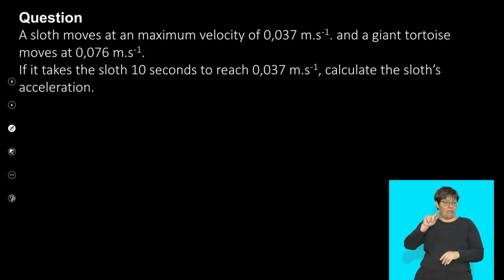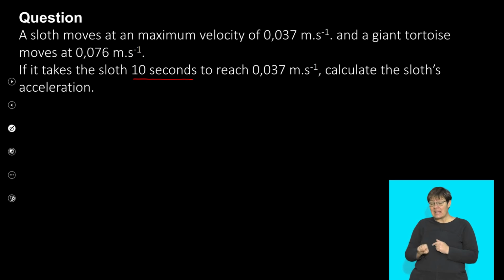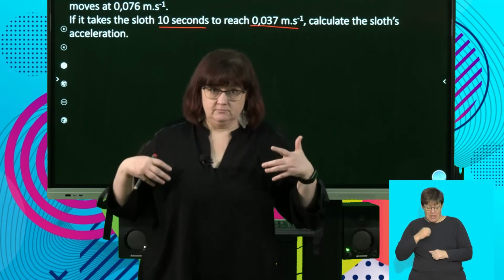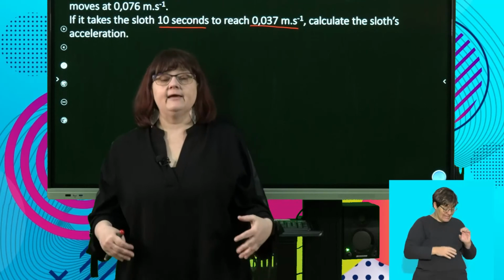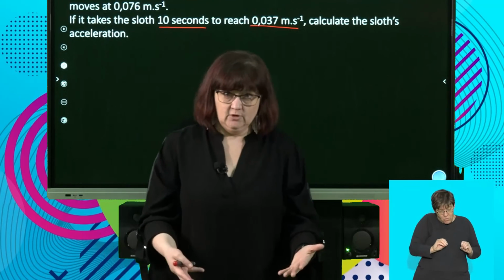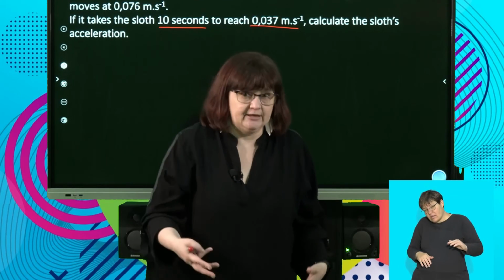The first thing they say, if it takes the sloth 10 seconds to reach 0.037 meters per second, calculate the sloth's acceleration. We are assuming the sloth starts from 0, and then it's going to start moving, but very slowly.